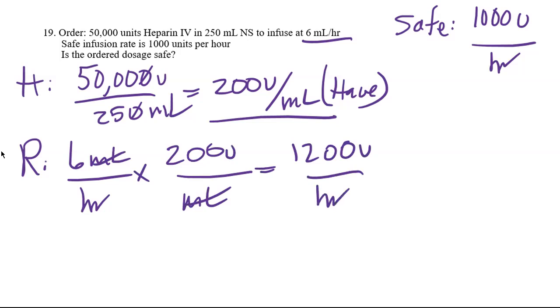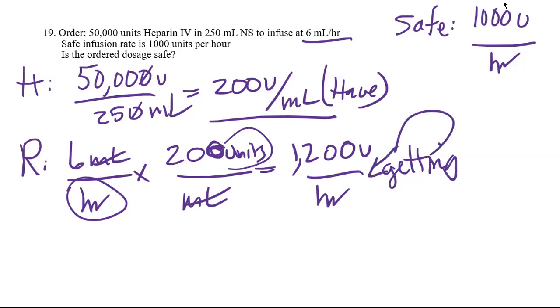Okay, so we're giving 1,200 units. Remember that's a unit. So we have hours here and units here, and that's what we're looking at, units per hour. And we want to know if 1,000 units is safe, and they're getting this.